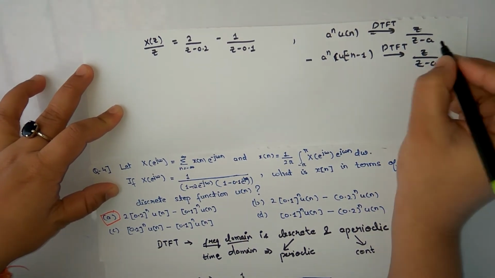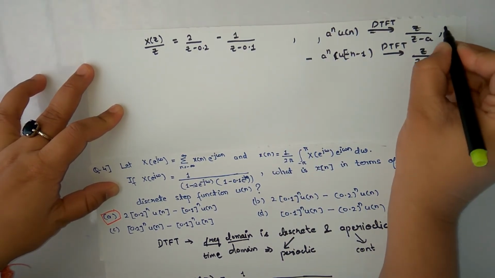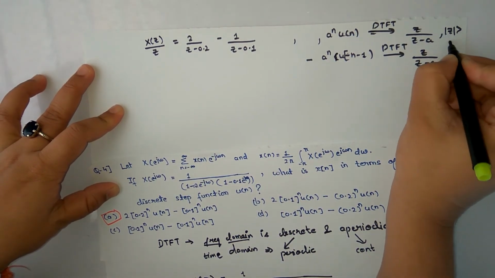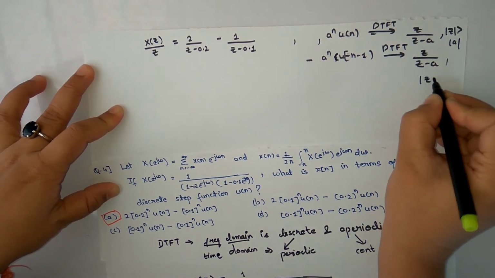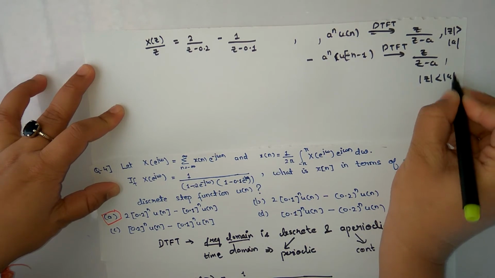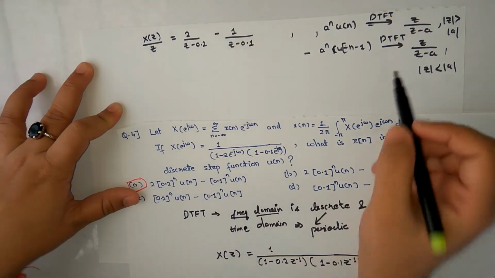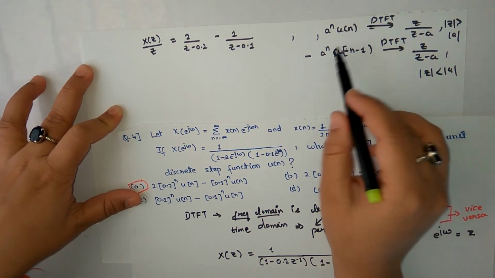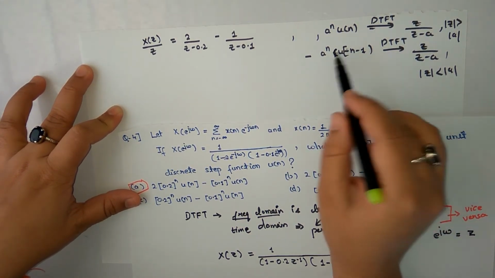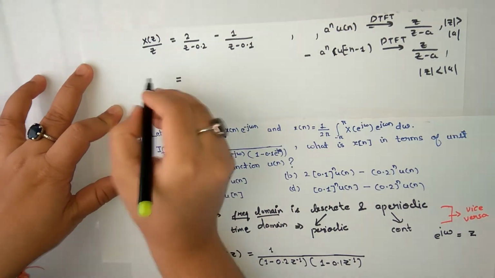But the only difference is in their ROC. ROC for the first one is mod z greater than mod a, and for this one ROC is mod z less than mod a. Well, the options are only given in terms of u[n], so we don't need to consider the option for u[minus n minus 1]. So we can start taking the inverse z transform.